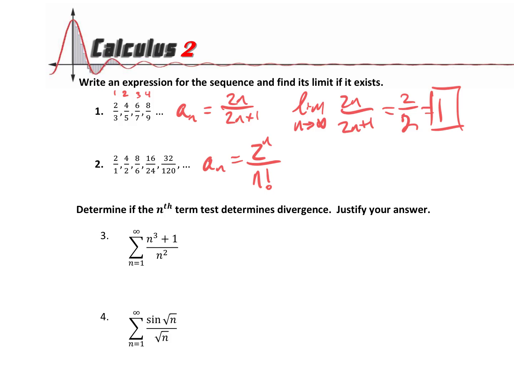Now there's some clever ways to figure this out for the limits, but let's use one of our tools that we got with series, and that is the ratio test.